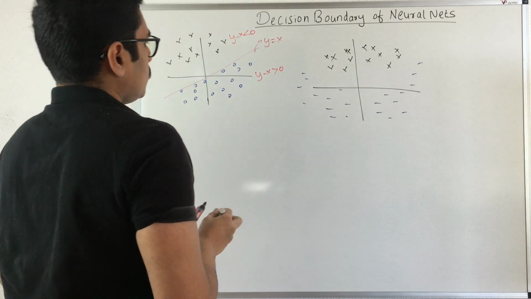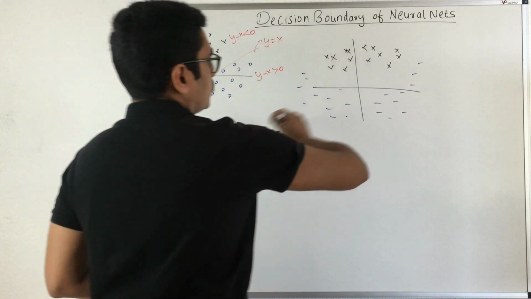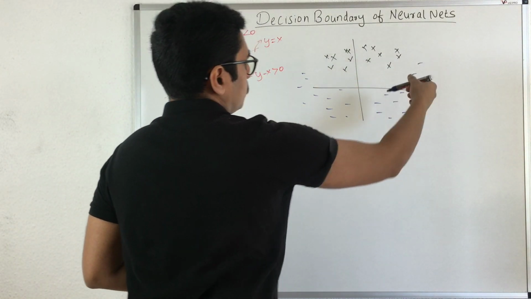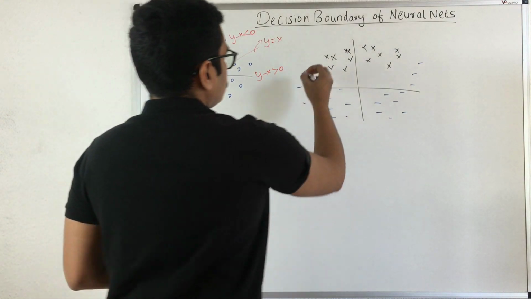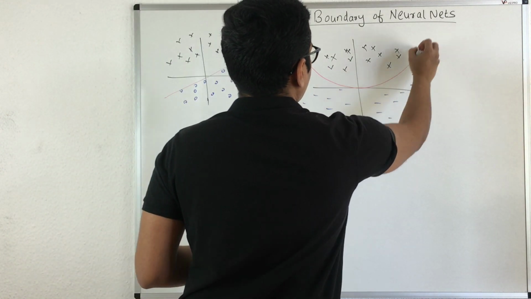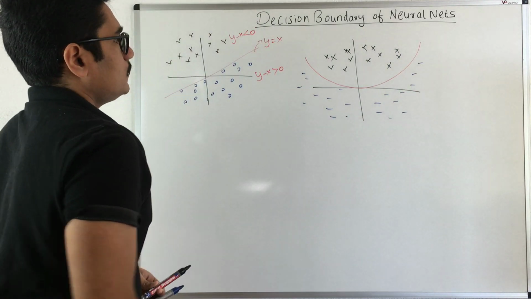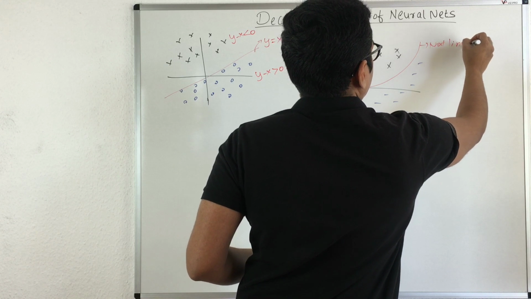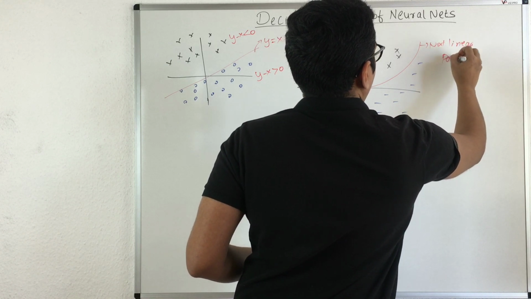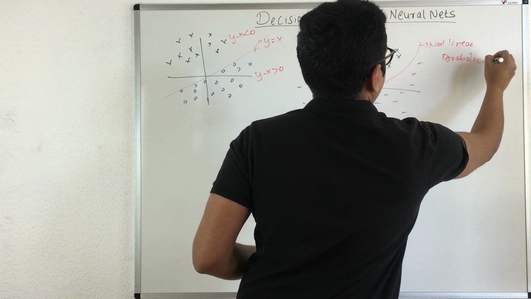So essentially we cannot put a straight line that separates these two classes. What we can have is a decision boundary something like this. Now this particular decision boundary is not linear, it is a parabolic curve.